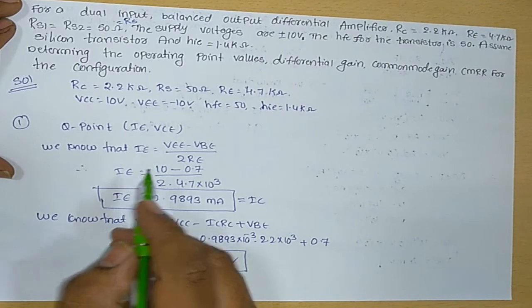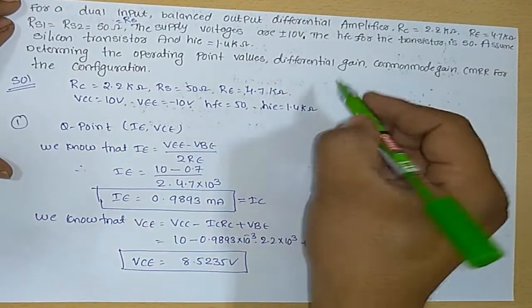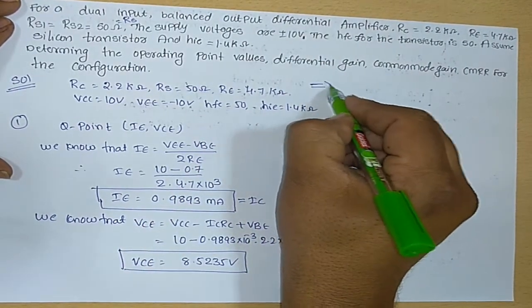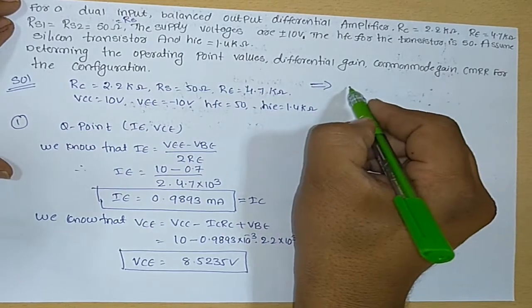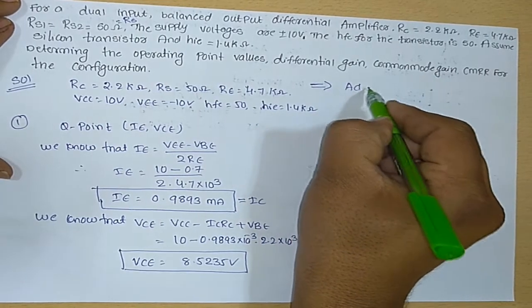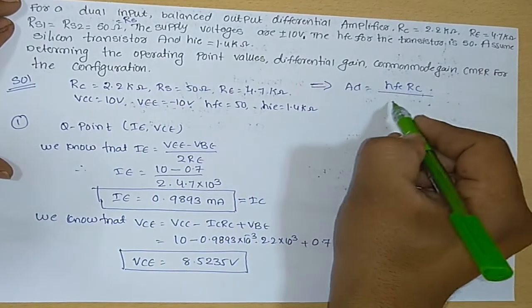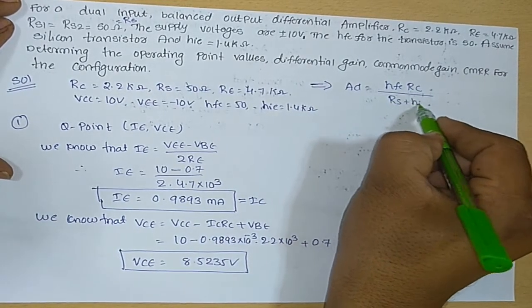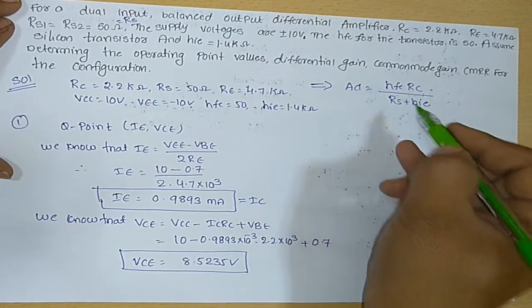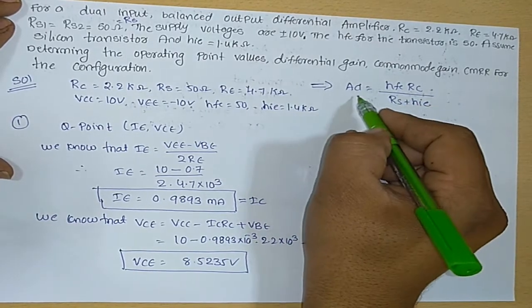Next we are calculating the differential gain with respect to the hybrid parameters. The differential gain AD equal to HFE into RC whole by RS plus HIE. Already we did the derivation of this differential gain.